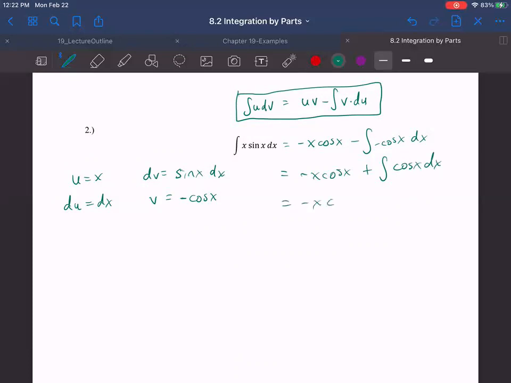What's the integral of cosine x? Sine, right. The derivative of sine is cosine, so this is just plus sine x, and then what? Plus c. Don't forget those plus c's.